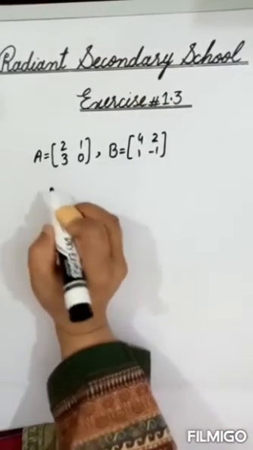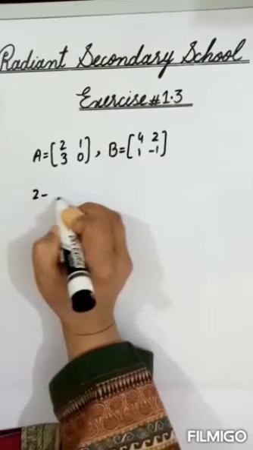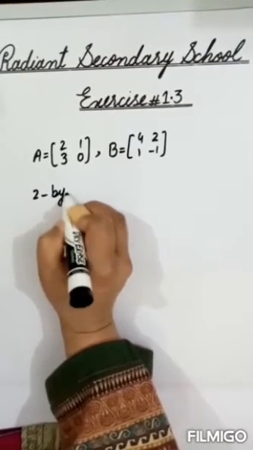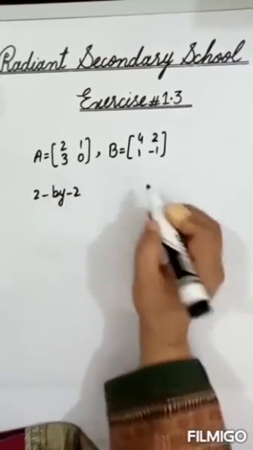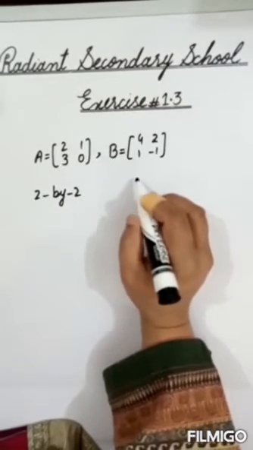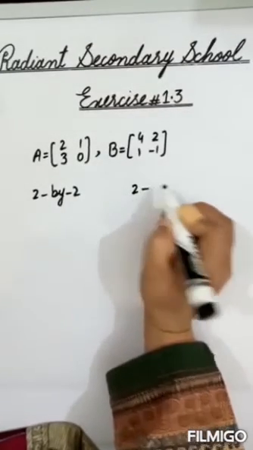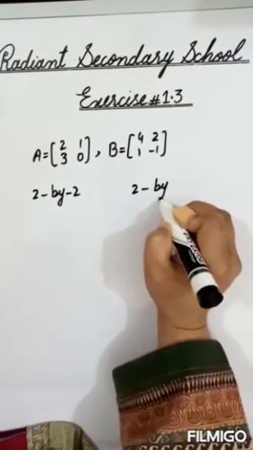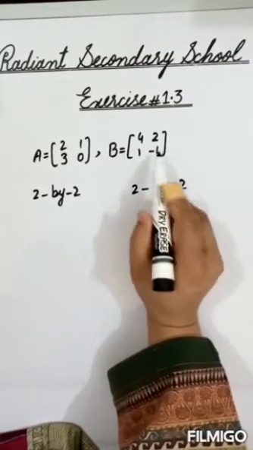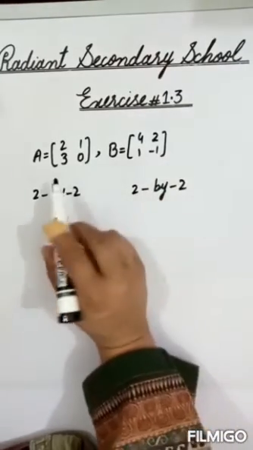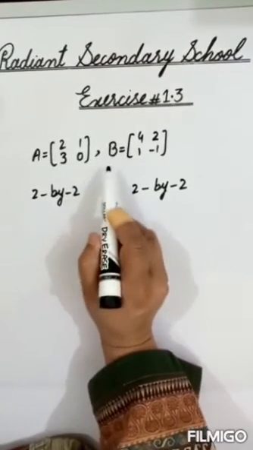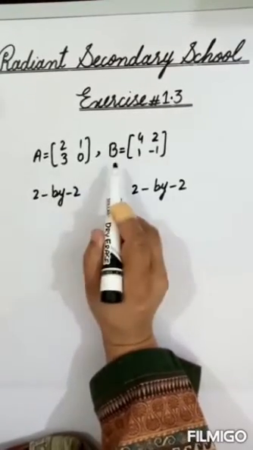The order of the matrix A is 2 by 2 because it has 2 rows and 2 columns. The order of the matrix B is also 2 by 2 because it also has 2 rows and 2 columns. Now the order of A and B are the same. We can add A and B.